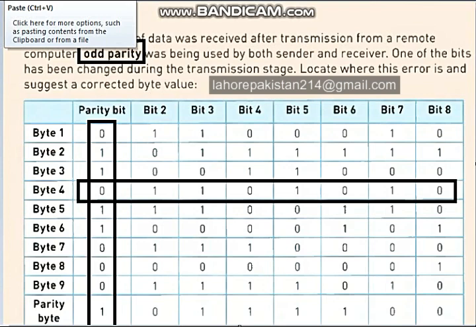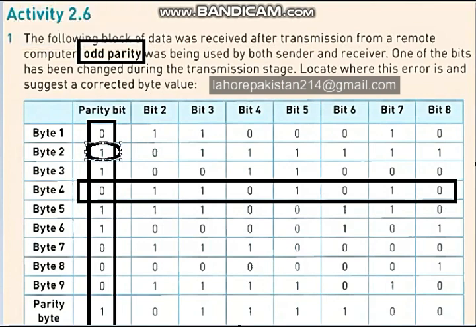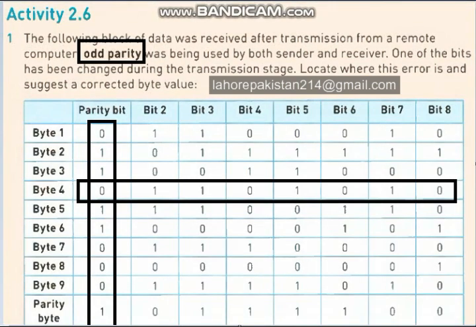Now let's check the parity of the first column. This is 1, 2, 3, 4, and 5. You can see that there are 5 ones and 5 is an odd parity, so there is no mistake in the first column. Now let's check the second column. 5 is an odd number, so there is no mistake in the second column also.